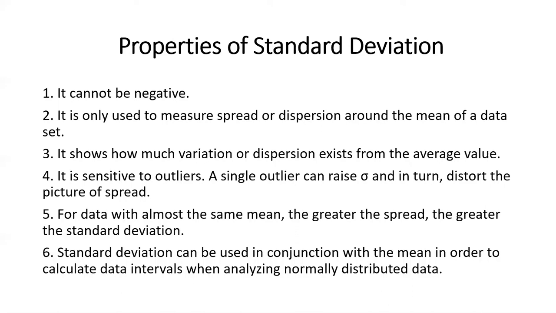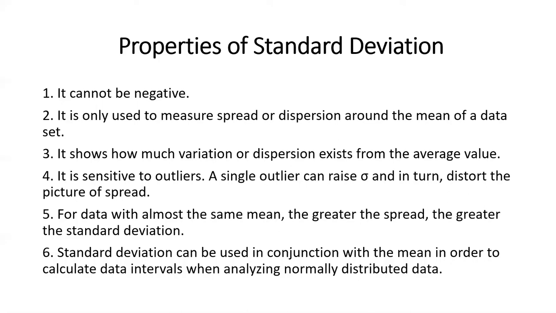In the case of mean deviation, we were using the median and mean to calculate the dispersion or spread. But in the case of standard deviation, only the mean is used to find the spread or dispersion. It shows how much variation or dispersion exists from the average value.